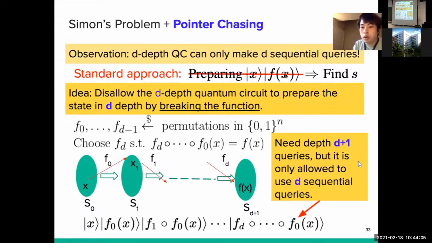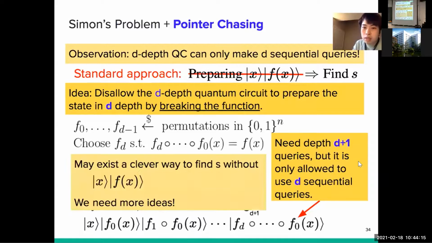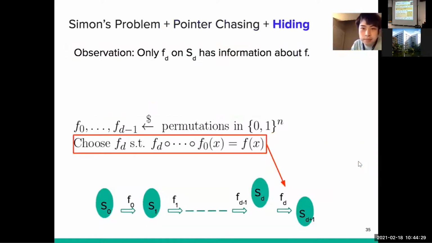But actually, you can only use d sequential queries, so you cannot prepare this state. So it seems that the standard approach doesn't work in this new construction, but we cannot rule out the possibility that there may exist a clever way to find s without x, f of x. So we need more ideas.